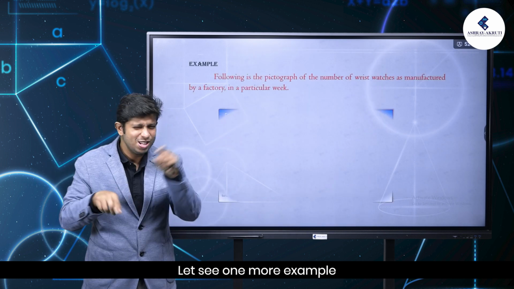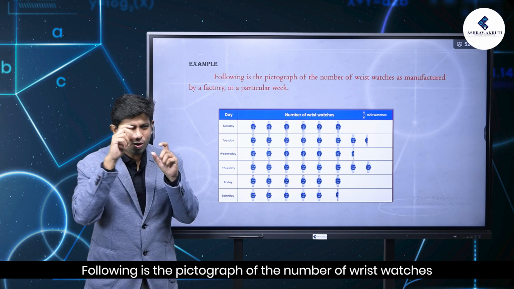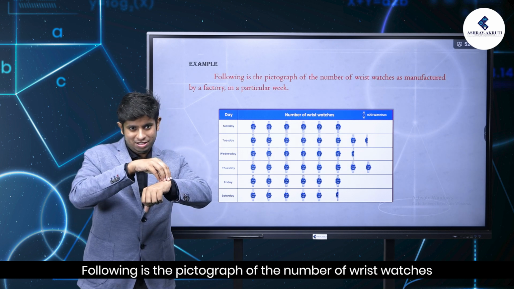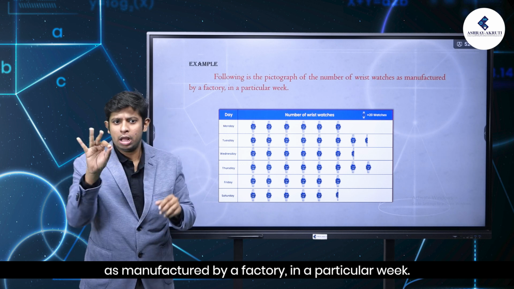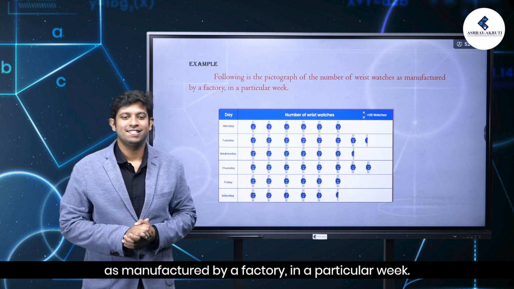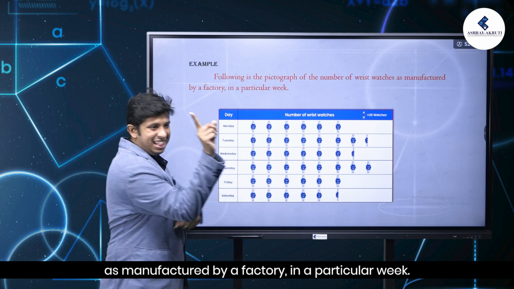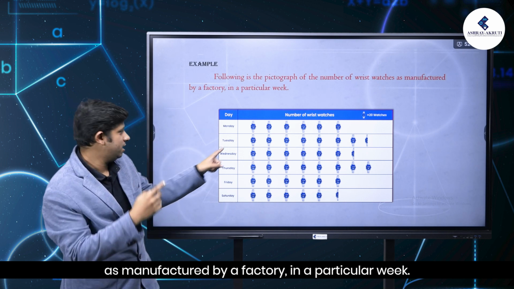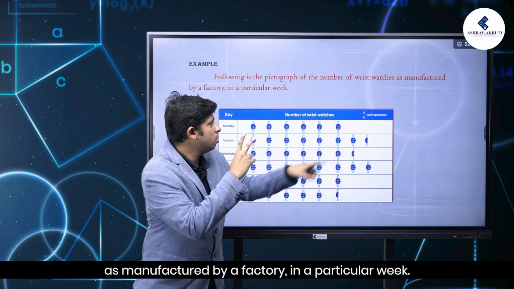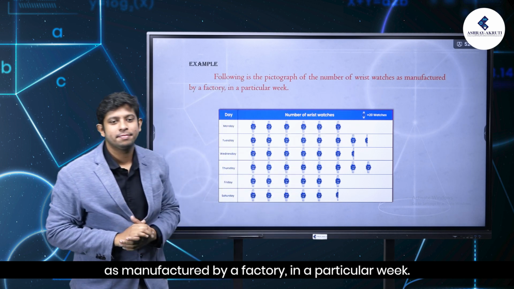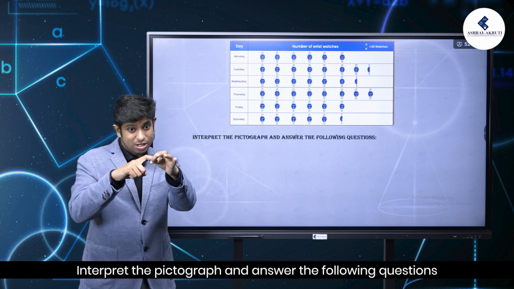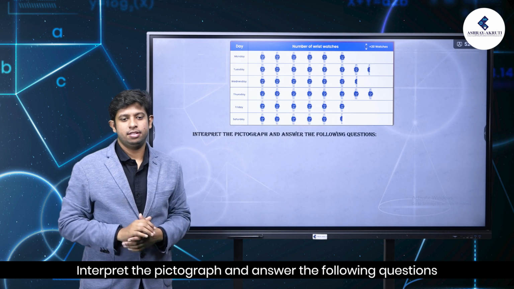Let's see one more example. The following is the pictograph of the number of wristwatches manufactured by a factory in a particular week. Interpret the pictograph and answer the following questions.